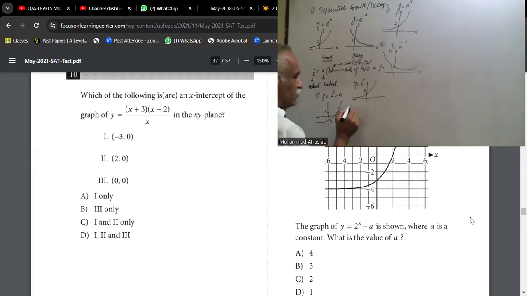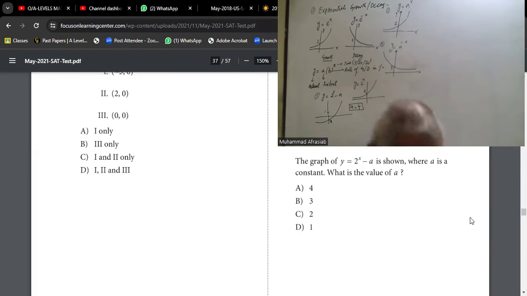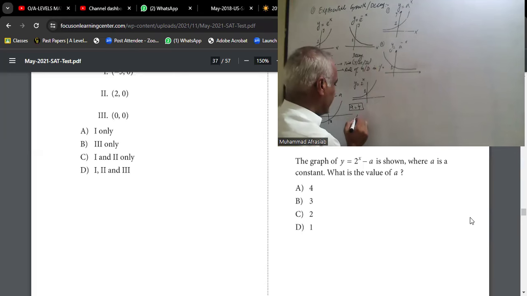So the value of a is equal to 4, because when you put a is equal to 4 in it, then this is the graph which they have shown in this figure. So the answer of this question is a equal to 4.